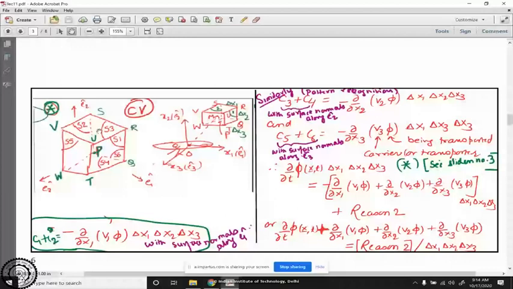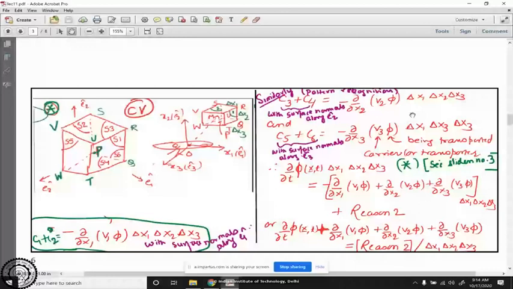So C3 plus C4 are related to surfaces 3 and 4, and they are indeed surfaces which are perpendicular to 2 axes. So I will look at this, replace these ones by 2, and this should be the expression: minus del x2 v2 psi del x1 del x2 delta x1 delta x2 delta x3.